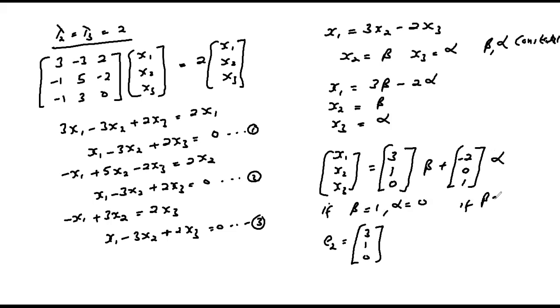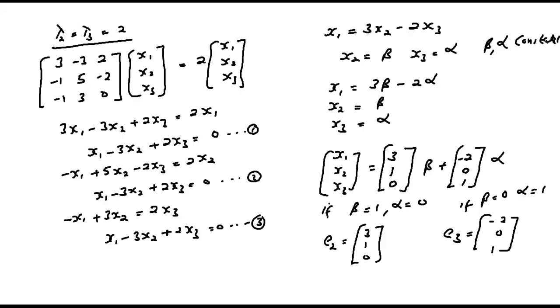If beta is 0 and alpha is 1, then our third eigenvector will be obtained as negative 2, 0, 1. And through this, we are able to determine the eigenvectors when the eigenvalue is repeated in a matrix equation.